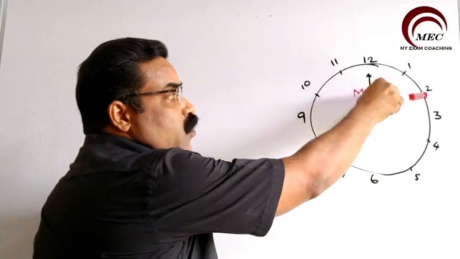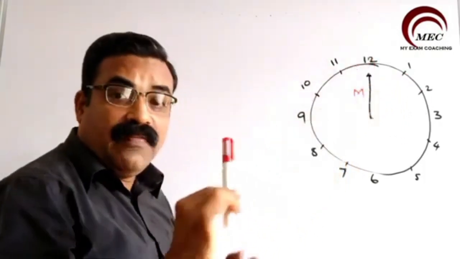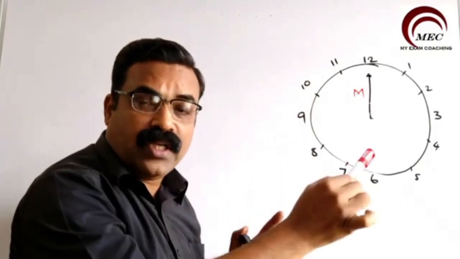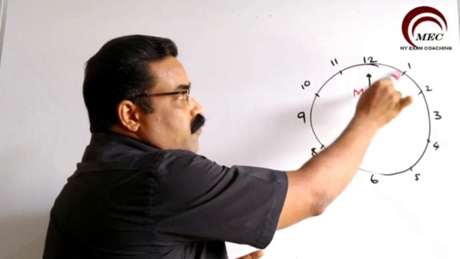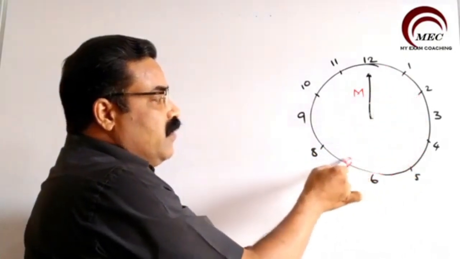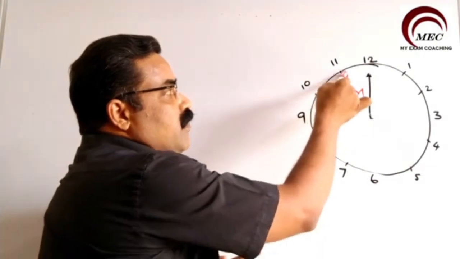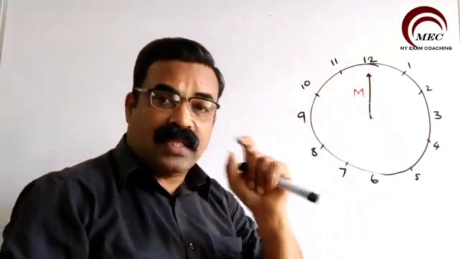When it completes 1 full rotation and comes back to 12, it completes 60 minutes. From here, 5 minutes, 10 minutes, 15, 20, 25, 30, 35, 40, 45, 50, 55, 60. So one complete rotation is 60 minutes.